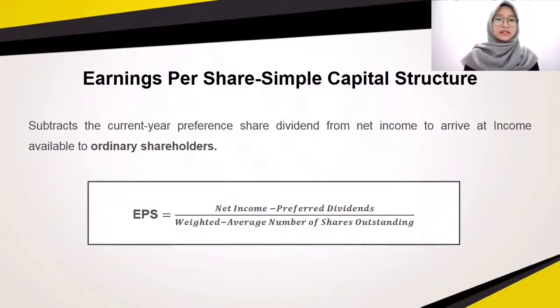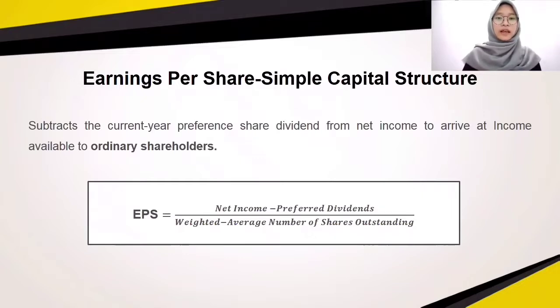Subtract the current year preference share dividend from net income to arrive at income available to ordinary shareholders. Basic earnings per share is calculated as net income minus preferred dividends, divided by the weighted average number of shares outstanding during the period.